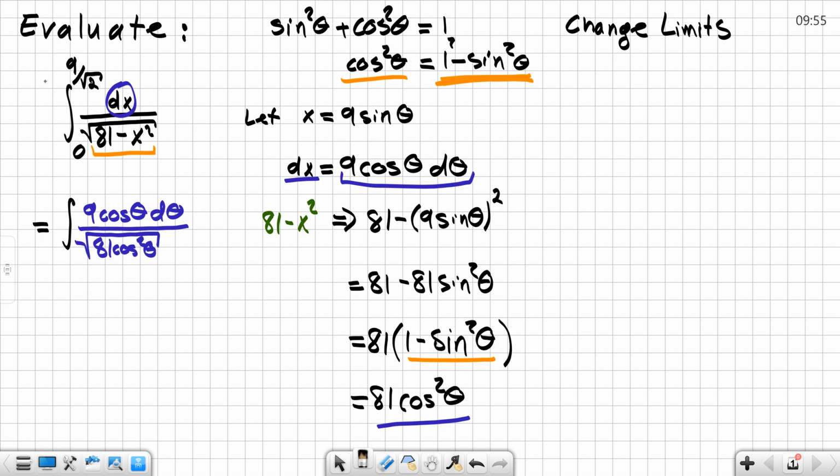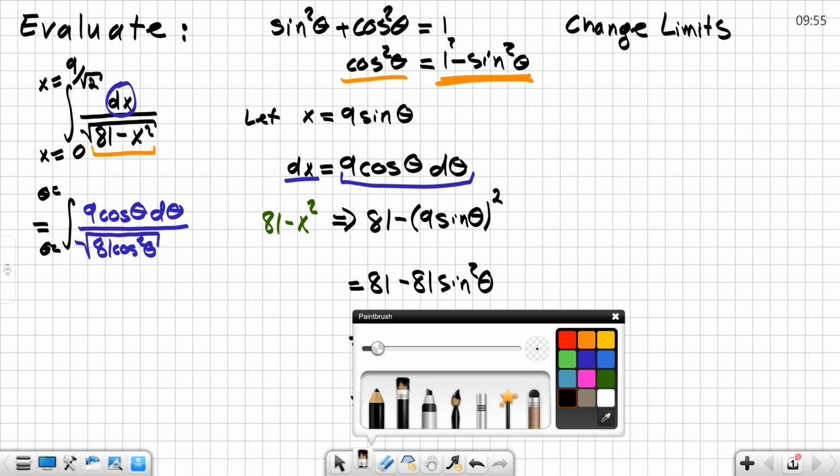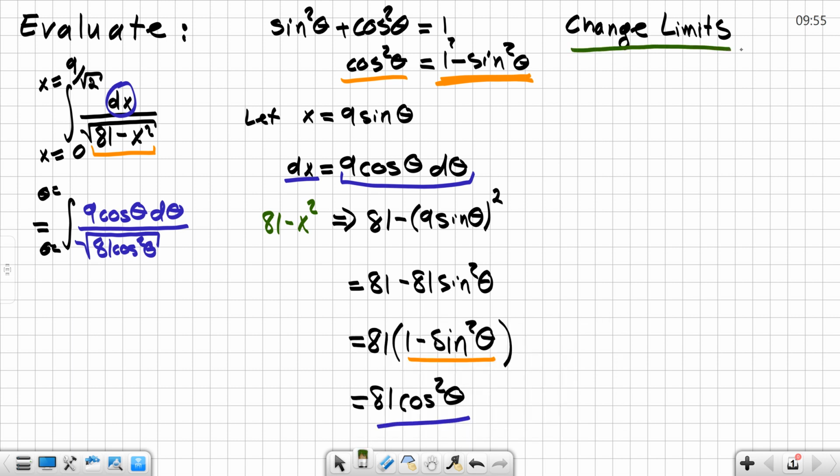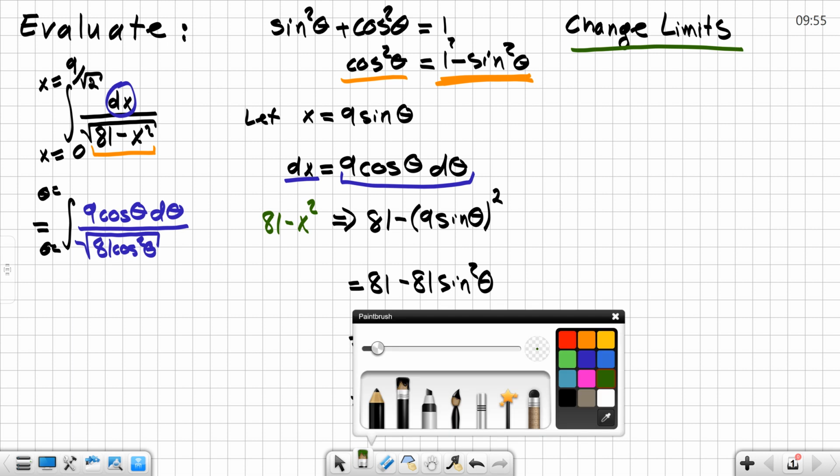I always like to remind myself that these are x's, but down here in my new integral with my substitutions, I want to have thetas so that the variable matches with the variable of integration. So if I'm looking at my upper limit first, my upper limit was 9 divided by the square root of 2.